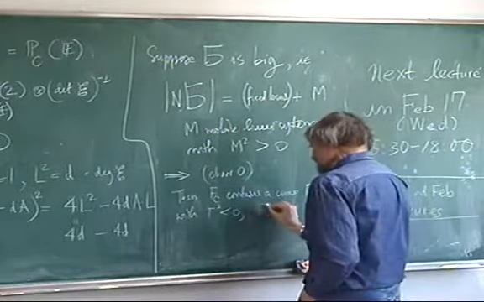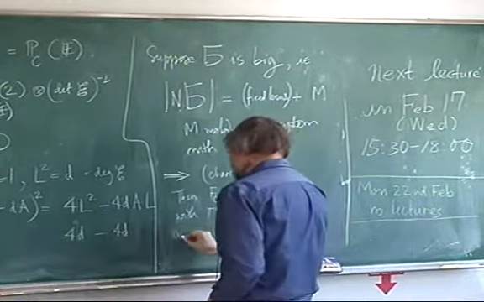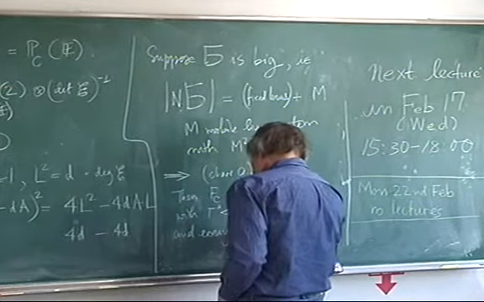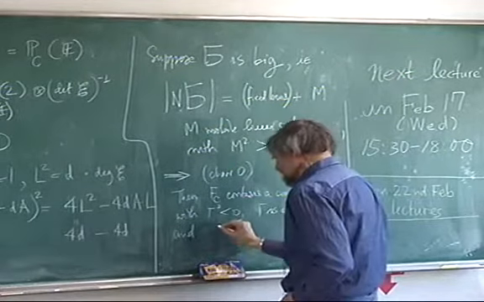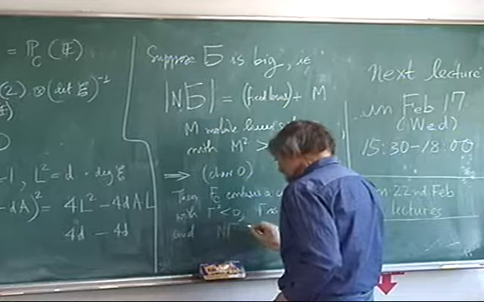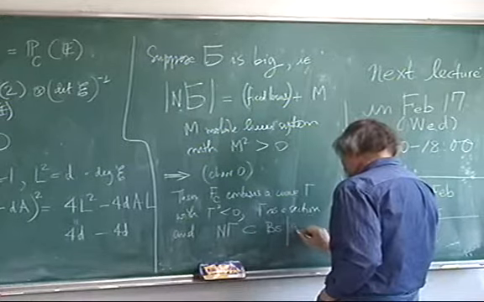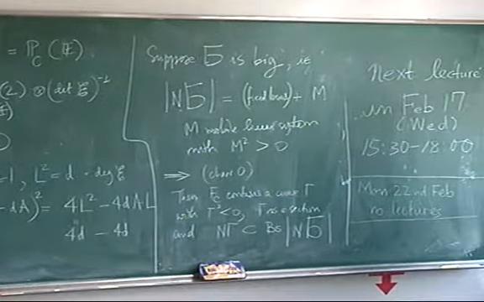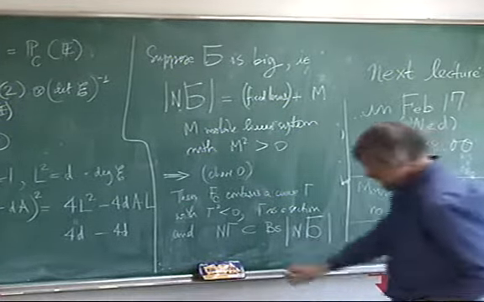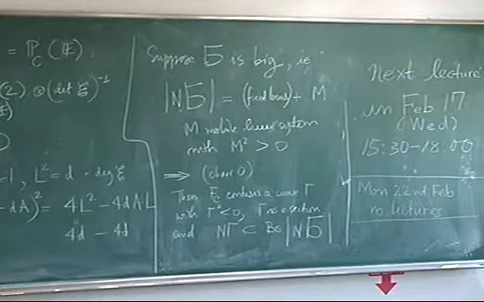Gamma is a section, and the right thing to say is that n gamma is contained in the base locus of nB. This is again just intersection numbers. There's absolutely nothing happening here.